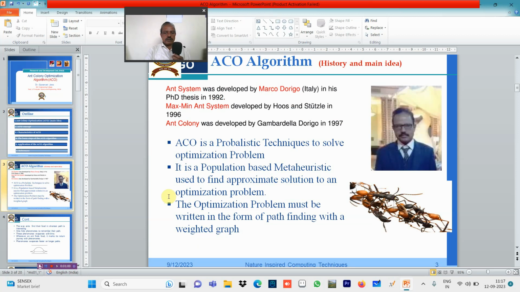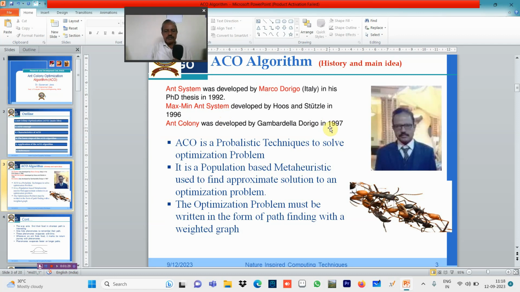The Max-Min ant system was developed by Hoos and Stützle in 1996, 4 years after that. And the ant colony system was developed by Gambardella and Dorigo in 1997, 5 years after the PhD thesis was submitted in 1992. In 1997, this ant colony optimization was developed.